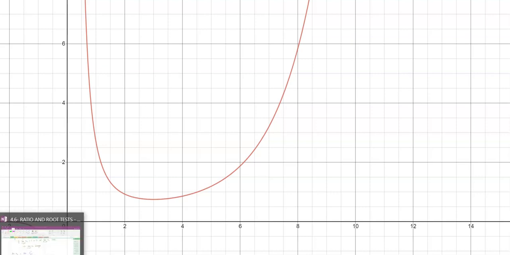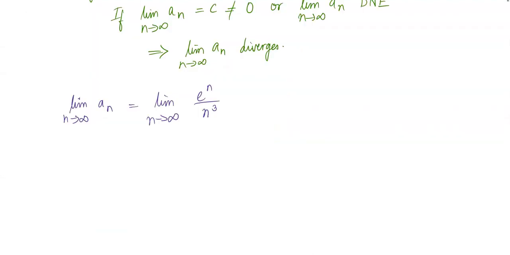So I'll just say equals infinity from graph, which is very quick. You could use your graphing calculator. Or you could use L'Hopital's rule, because when you plug in infinity, you get infinity over infinity.